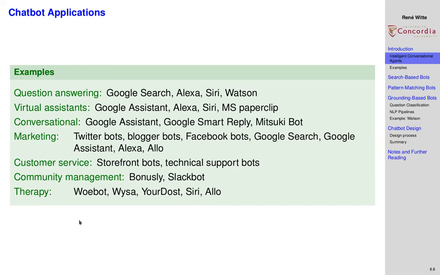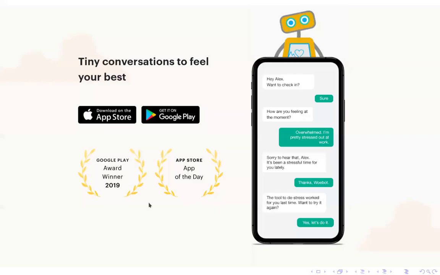One example, Woebot, is not very sophisticated in the sense of natural language processing, but you can see it has very cleverly constructed pattern response templates. I'm not sure right now, but I think it came from Facebook Messenger originally, but it's available as a standalone app. So try it out.